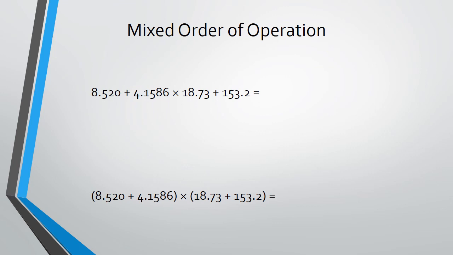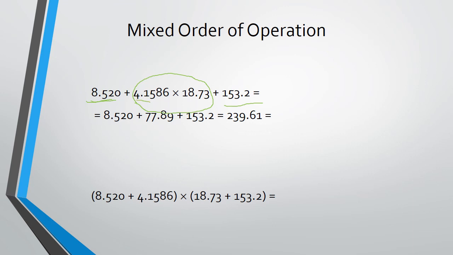Now let's talk about the mixed order of operation. We have one number added to the result of a multiplication of 2 numbers added to the third number. After simplifying, we get this result. Bear in mind we have 4 significant figures.